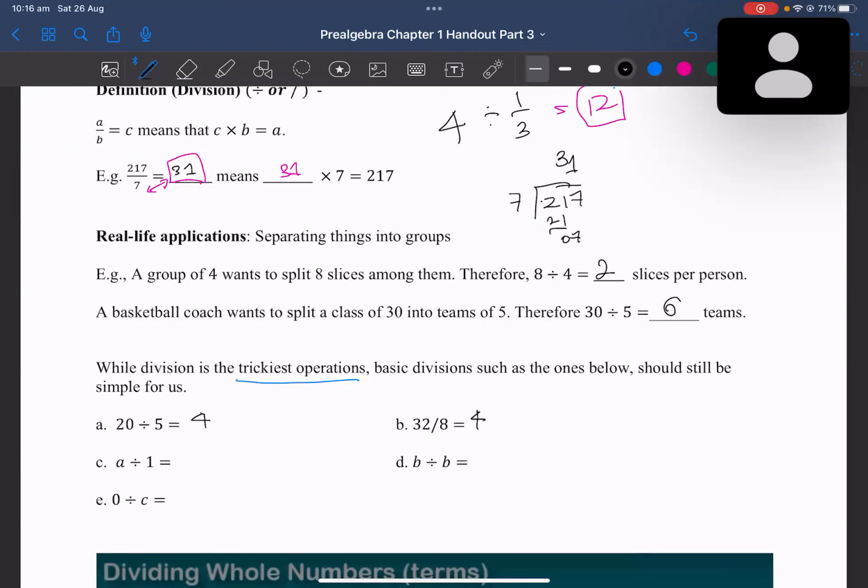What about the rest? If you have any number A divided by 1, what does that become? A. Good. It doesn't change, because you're dividing A into one group, so it just stays as A. And then we also have B divided by B. If you divide B into B groups, how many are in one of them?